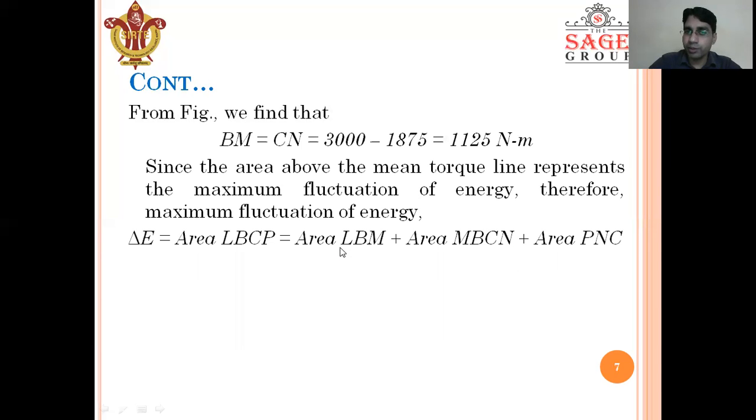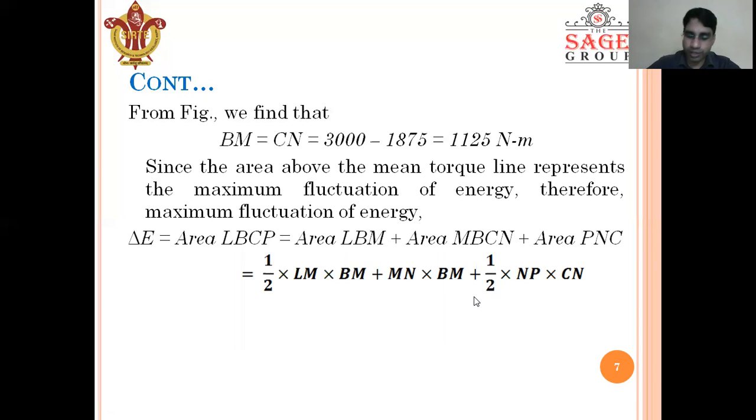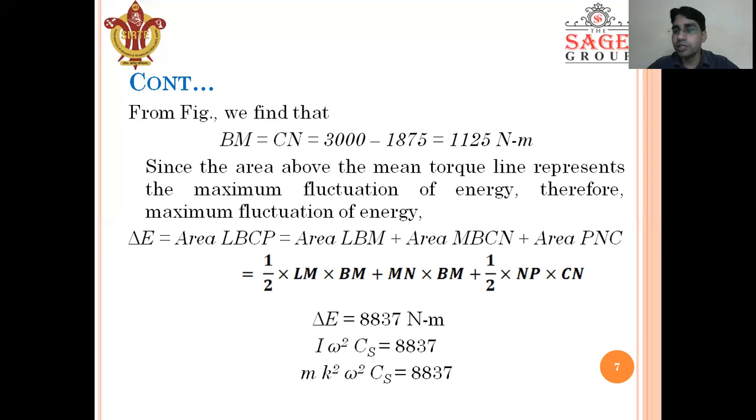We have already calculated the values of LM and NP in the previous slide. So we put all the values in this equation and we get delta E equal to 8837 Newton meter.